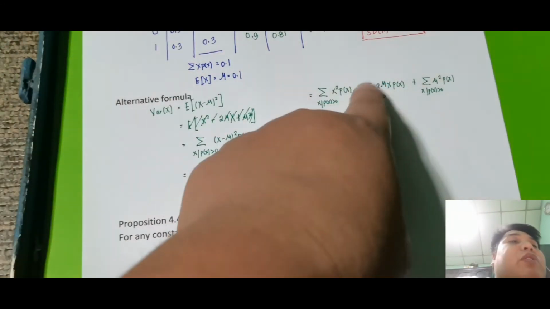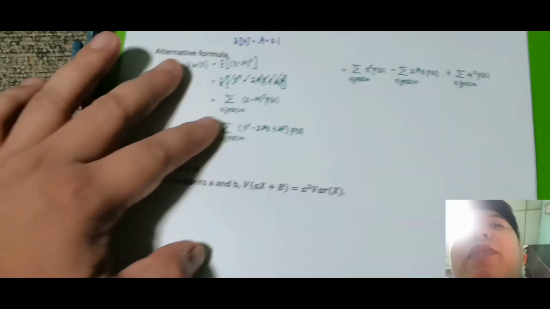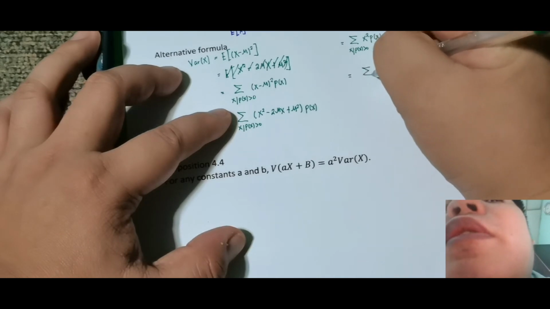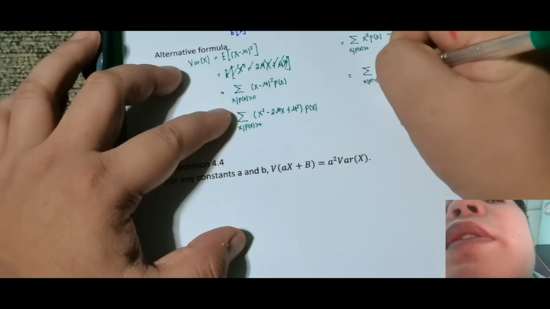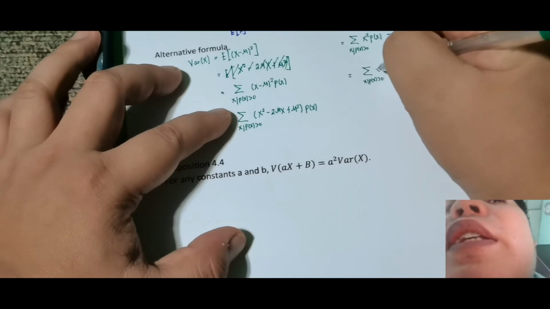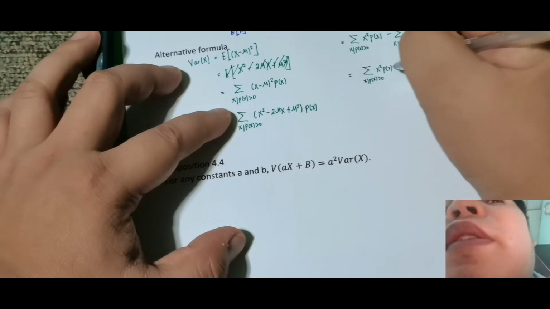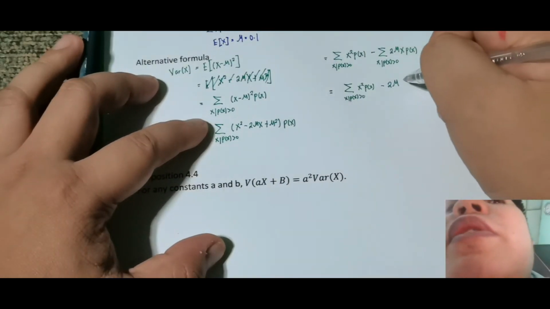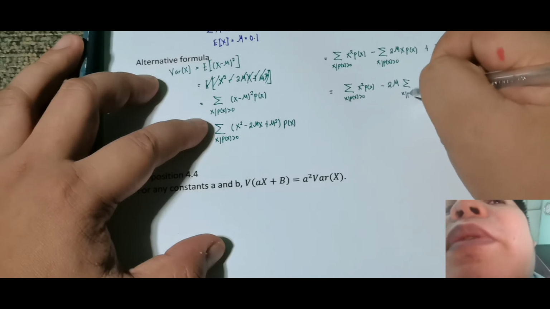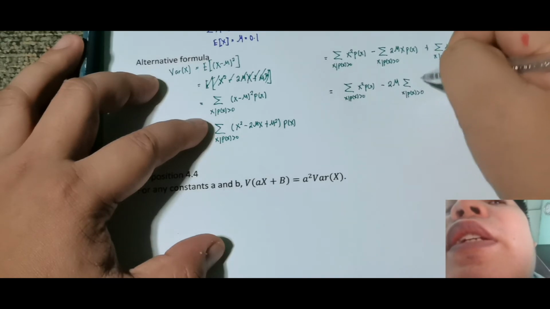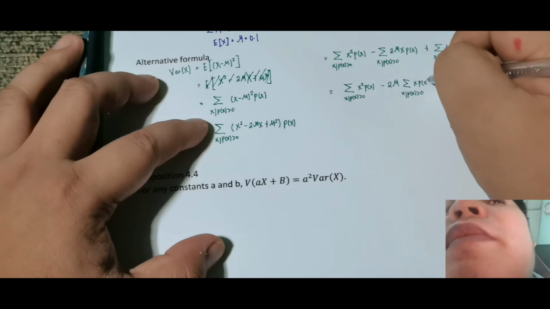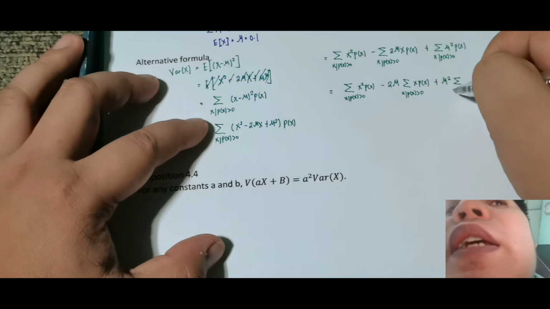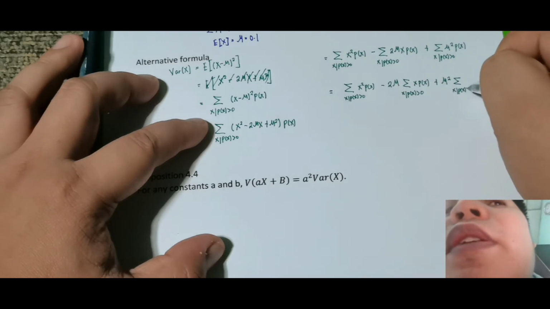So, I will take out the 2 mu and the mu squared. So, this is just equal to the summation x such that p of x is greater than 0 of x squared p of x, minus 2 mu, then the summation of x such that p of x is greater than 0 of x p of x, then plus mu squared times the summation x such that p of x is greater than 0.